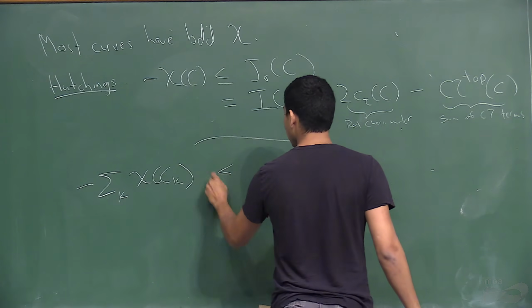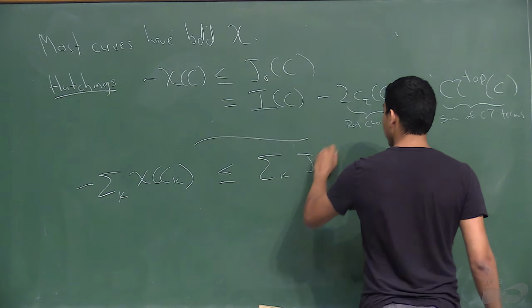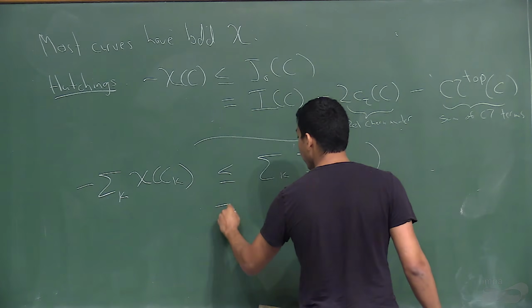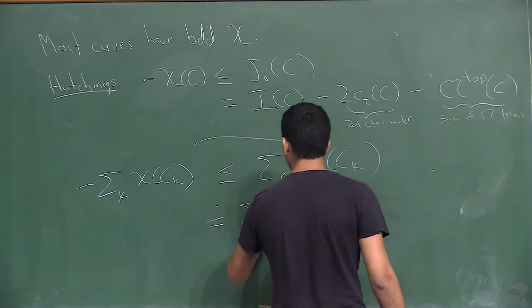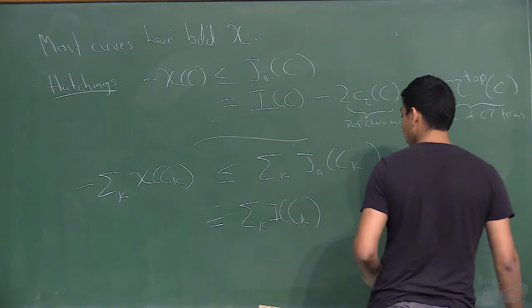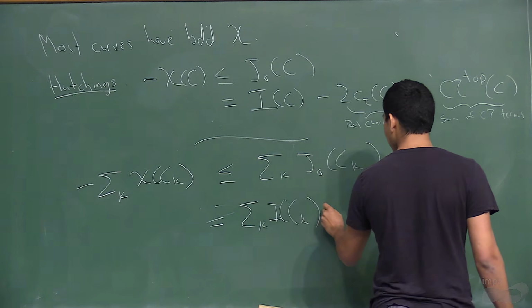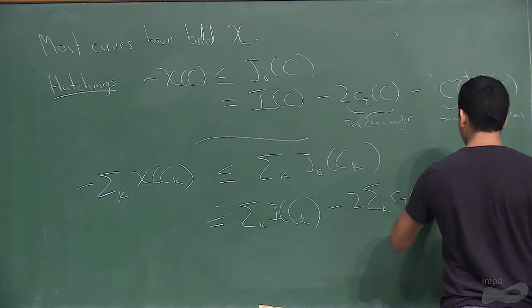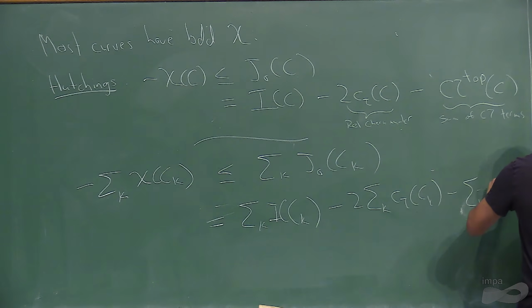So this is bounded by the sum of all the J0 indices, which is equal to the sum of the following three terms. So this is the sum of the ECH indices, and minus 2 times the sum of the Chern numbers, and then minus the sum of the Conley-Zander terms.